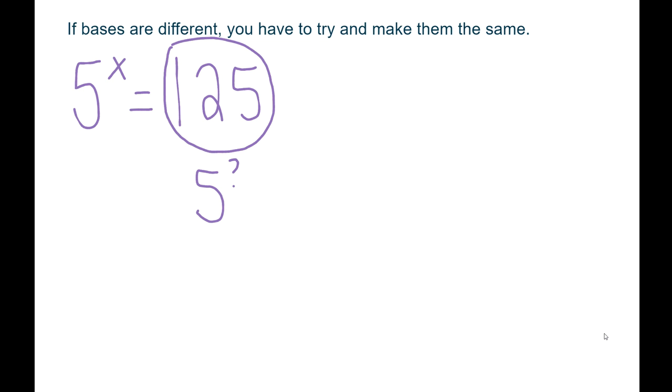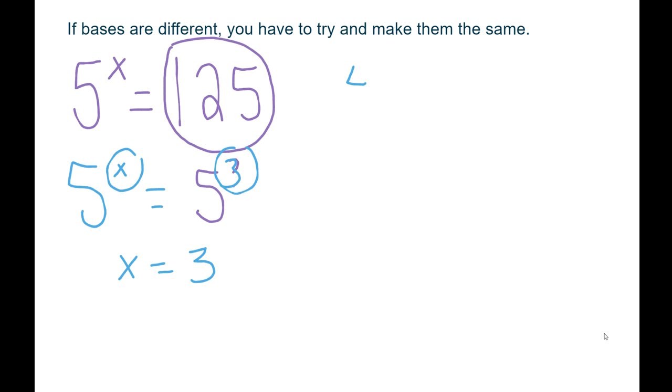Because if you can do that, then you can just set the exponents equal to each other. So 5 raised to the what to get to 125, it's going to be a 3. Well, now we have 5 raised to the x equals 5 raised to the third, then all you have to do is pull out the exponents, and you already have the answer. x equals 3. Again, many of you would have probably just guessed and checked that.